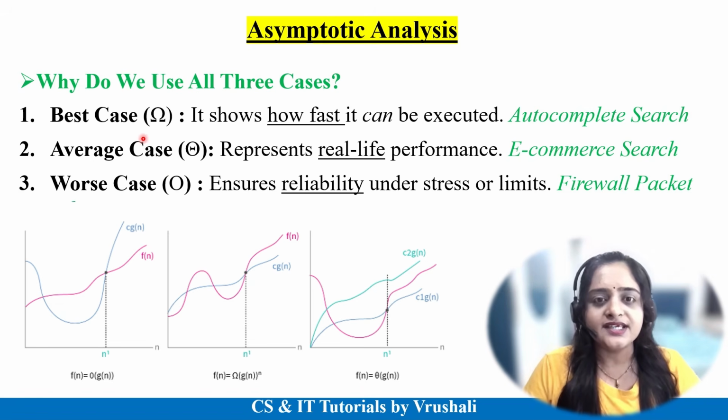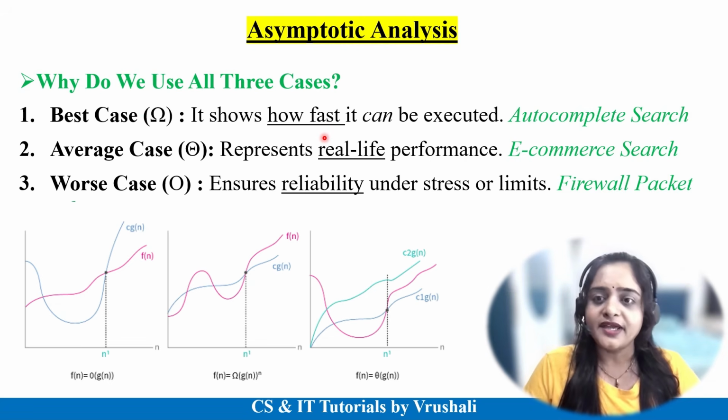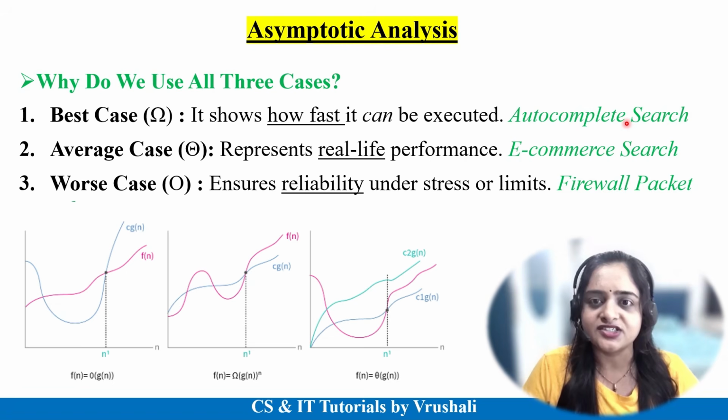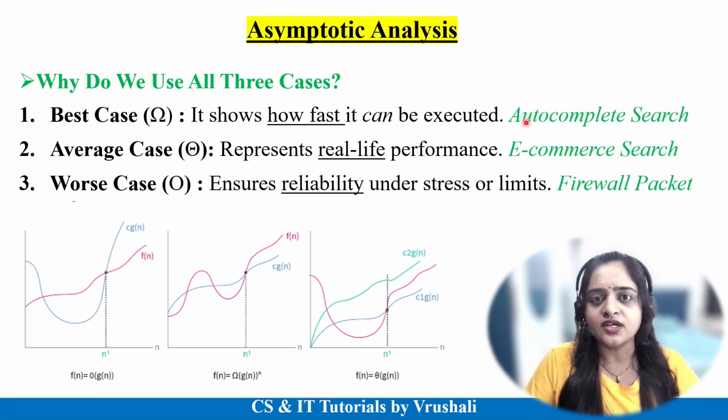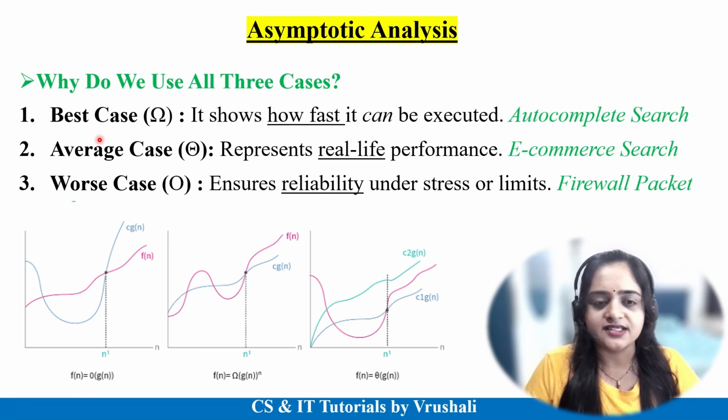First, the best case: if you require fast execution or real time data, at that time we use the best case. The best example is autocomplete search. When you search something on Google or type in Microsoft Word or any programming IDE, they autocomplete the sentence or the word, which is called the best case.